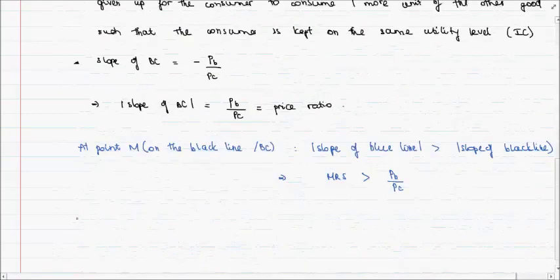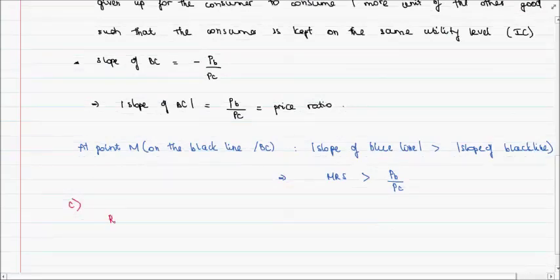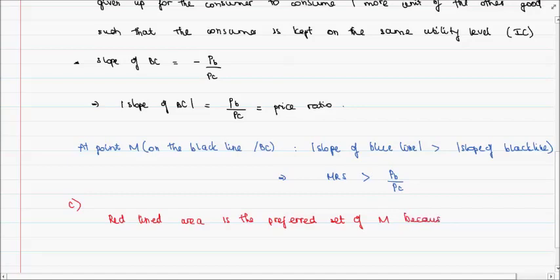So I would say for part C, the red light area is the preferred set of M, because it contains all the consumption bundles lying on higher indifference curves than M.